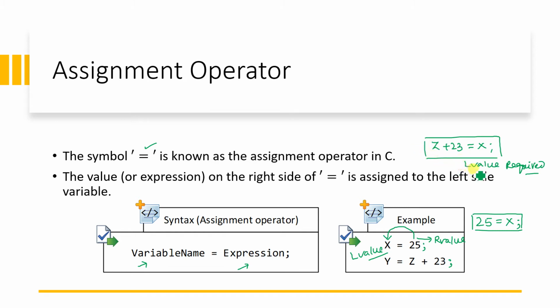What does L value required mean? You have mentioned an expression on the left side of the assignment symbol, which is impossible. That's why you should follow this convention whenever you want to assign a value to a variable.